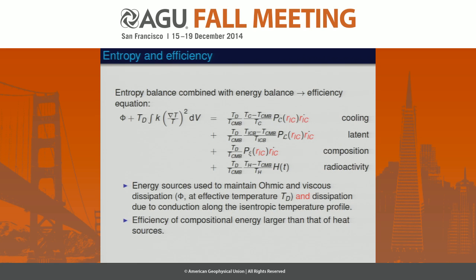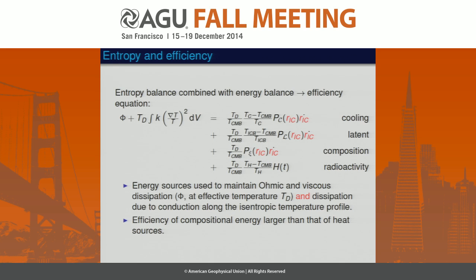On the left-hand side, the important thing is that there are three sorts of dissipation. The two most important ones are the mechanical and magnetic dissipation, viscous and ohmic dissipation, which are the useful dissipation. These are related to convection and maintenance of the dynamo. But in addition to that, there is an important dissipation term, which is due to the conduction along the isentropic temperature gradient in the core.